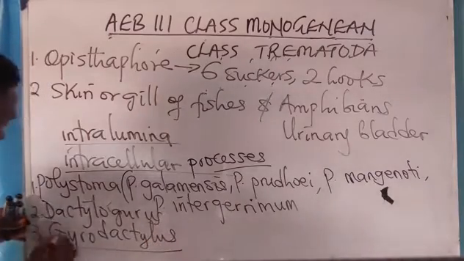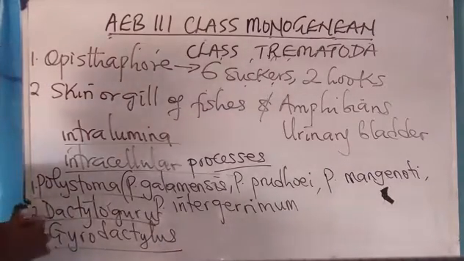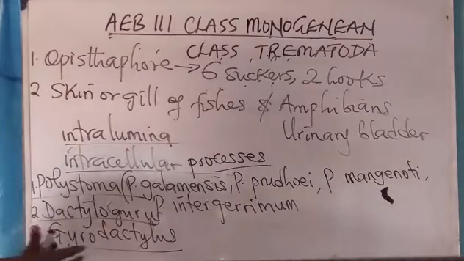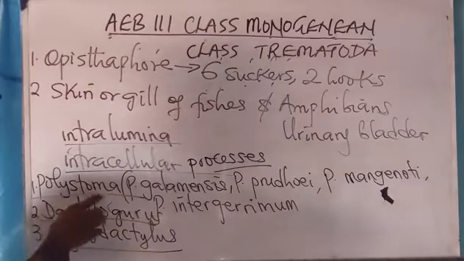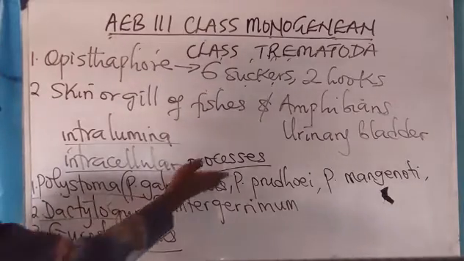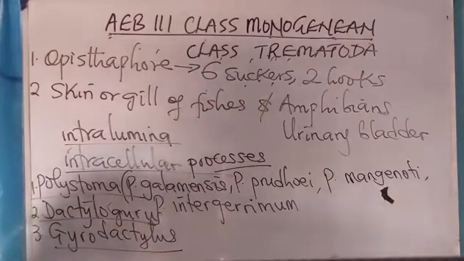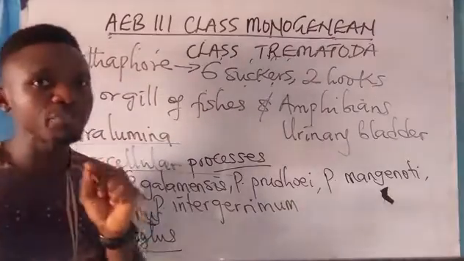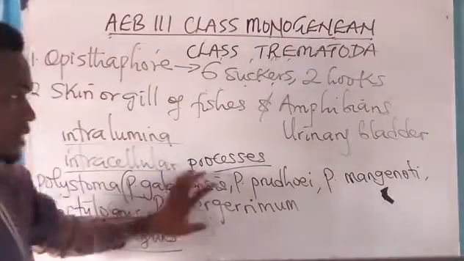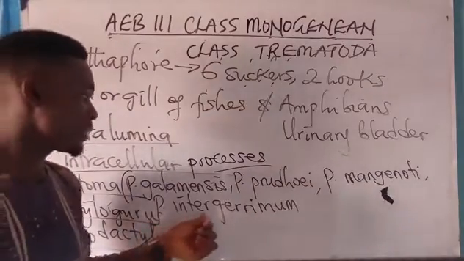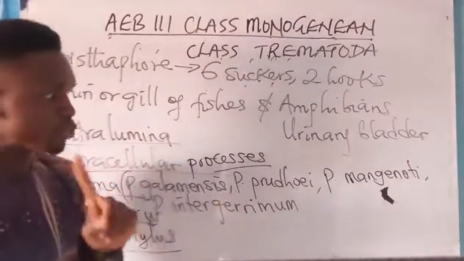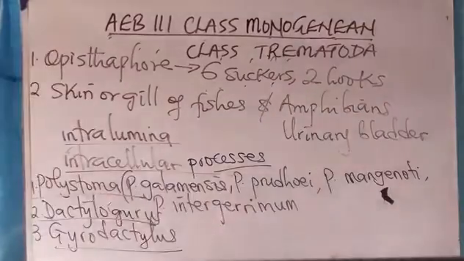All right, so these are the three genera of Monogeneans, okay? And I said that we have Polystoma and you have different species of Polystoma. And the representative member of these different species of Polystoma is what? Polystoma integerrimum. Take note of that. It is very, very important.